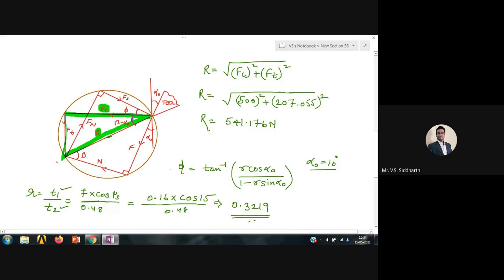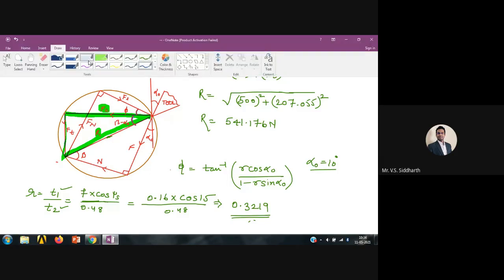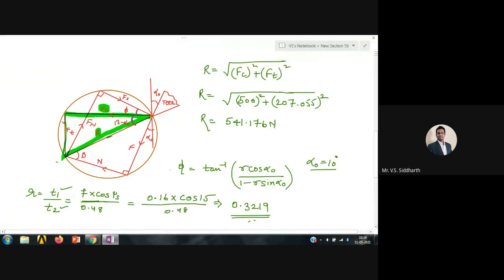So now you tell me, if I want to calculate the shear force, I don't know the value of Fs, but I know the value of the resultant. So in this triangle, if I apply cos theta, can I calculate easily the value of Fs?